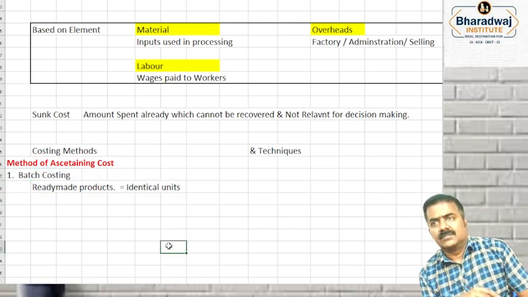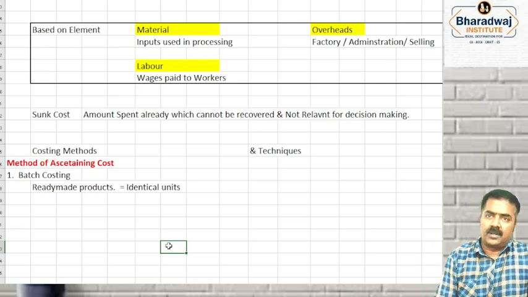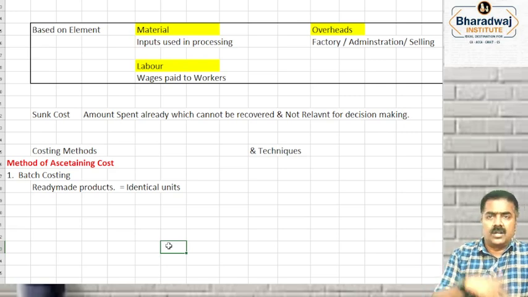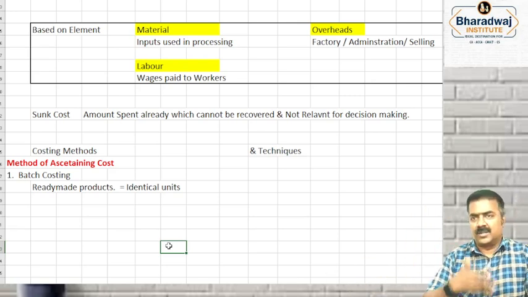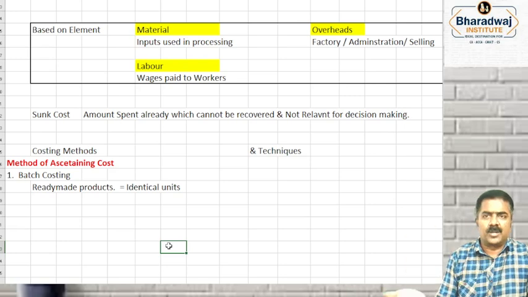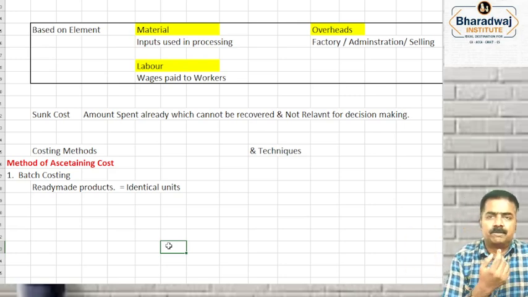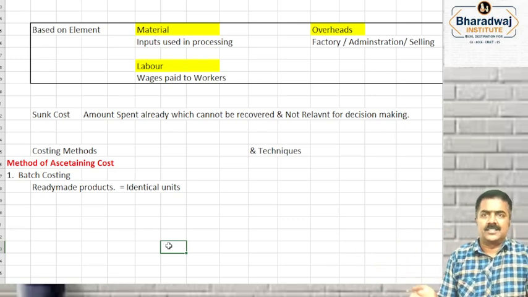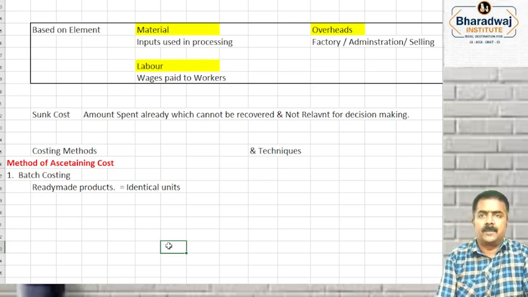Example: can you give me an example of ready-mades? Soap, shampoo, hair oil, nail polish or lipstick, all cosmetics. Okay, ready-made products. All cosmetics, they don't manufacture one unit. They make a batch of multiple units.